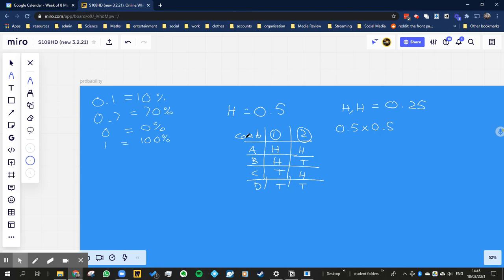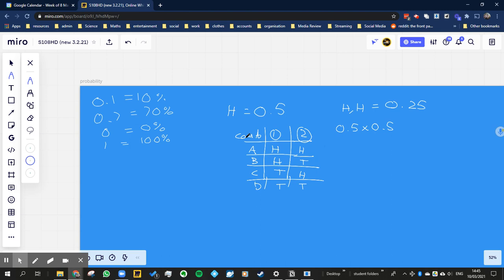What would be the chance of me getting a head at least once out of those coin tosses? Looking at the table, it looks like we're going to get 3 out of 4, so we should be getting 0.75.